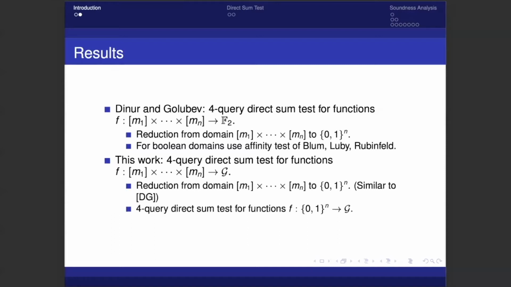Our main contribution is a direct sum test for functions from the Boolean hypercube to arbitrary abelian groups. And I should point out here that the test of Dinur and Golubev is designed specifically for the case where the range is F2, and their test doesn't really make sense when the range is an arbitrary abelian group.